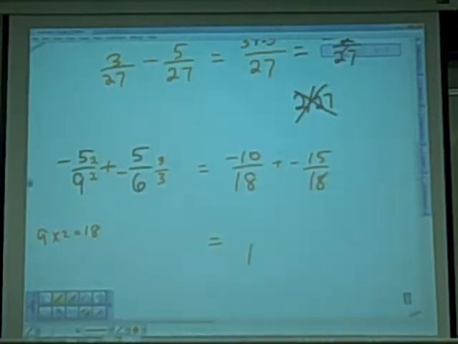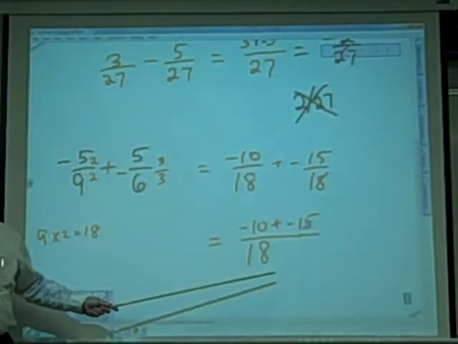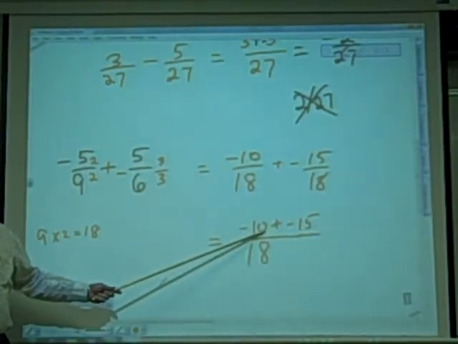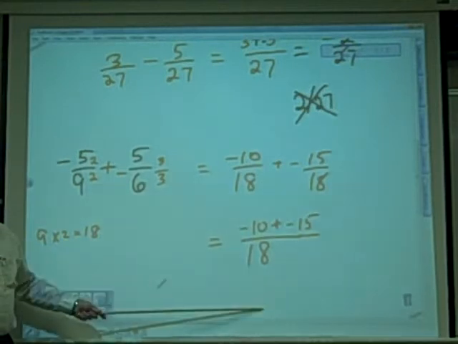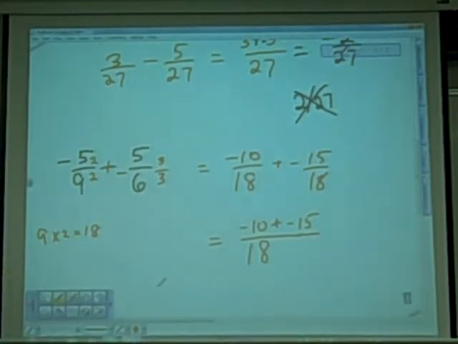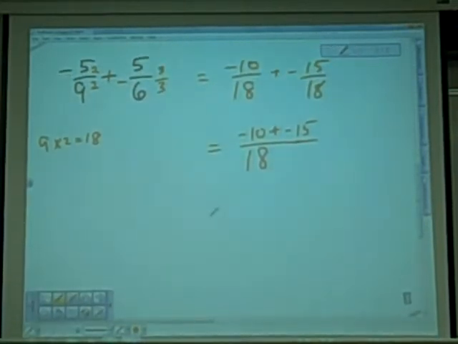Okay, so that's like saying 18 is in the denominator, and we get negative 10 plus a negative 15 here, right? Now you don't have to put this step here. You can just go straight from here to the answer if you want. That's fine. It's just that sometimes at first it's kind of helpful to do that.